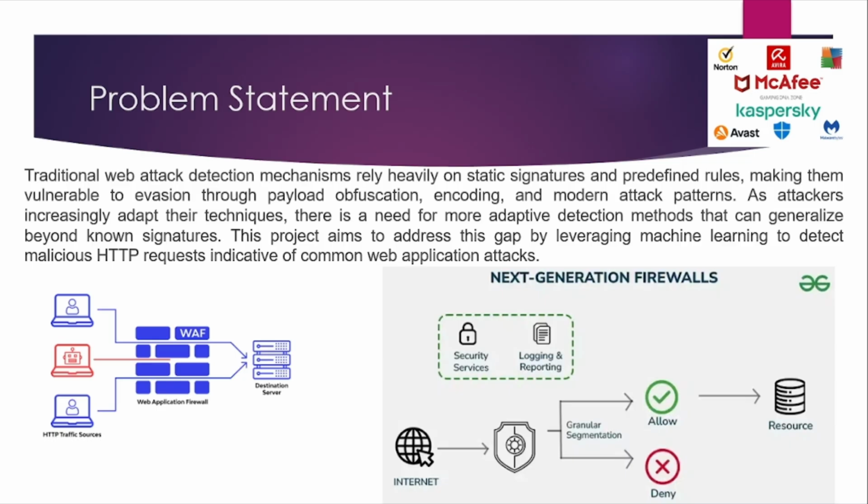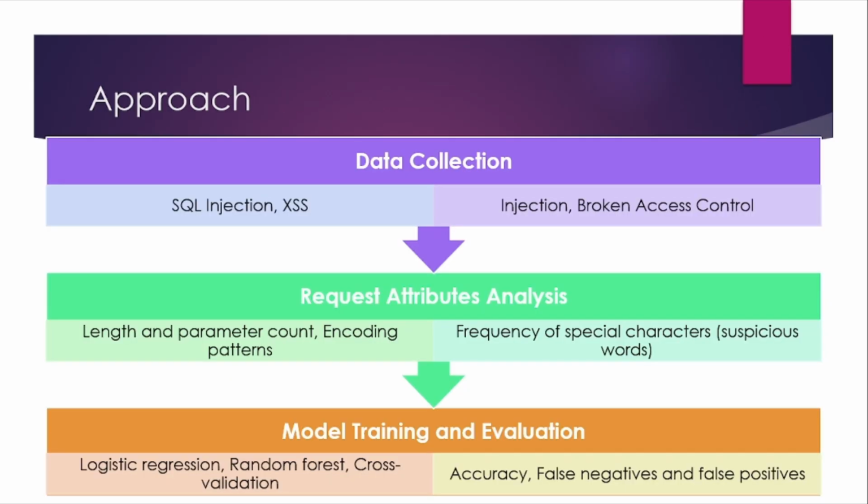However, these systems are based on signatures or predefined rules, making them vulnerable to evasions through payloads, obfuscation, encoding, and modern attack patterns. So with our machine learning model, what we want is to learn different patterns, recognize them, and detect them, so we can stop them before hurting our systems.